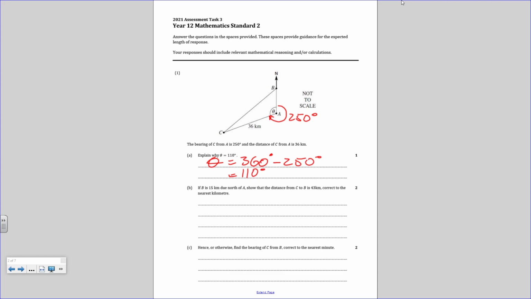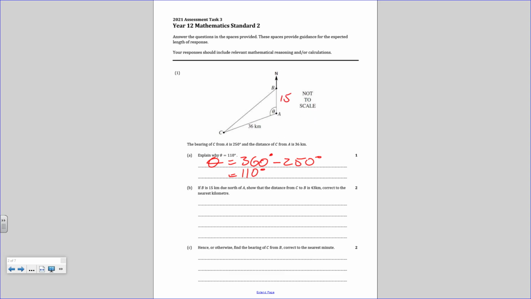You do need to at some point mention that 110 is 360 minus 250. If you just did 70 plus 40, bringing numbers out of nowhere, and said that was 110, that's not good enough. With a show or explain question, it needs to come from the question.